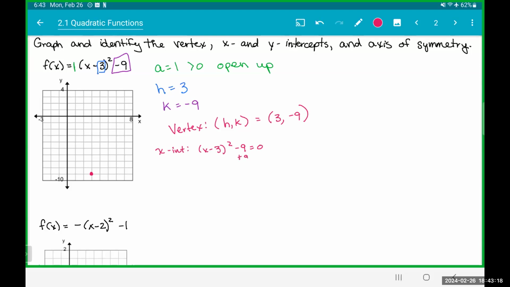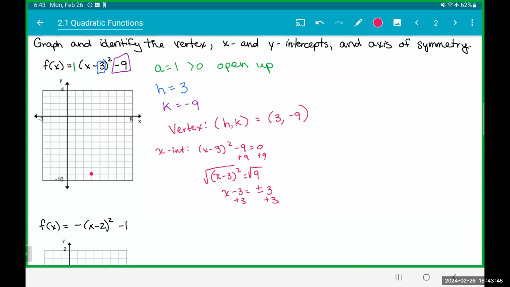Add 9 to both sides, and we get that x minus 3 squared equals 9. Okay, now we could take the square root of both sides, and we get that x minus 3 equals plus or minus 3, right? Because remember, when we take the square root of something, it's both the positive and the negative. And so now we can add 3 to both sides.